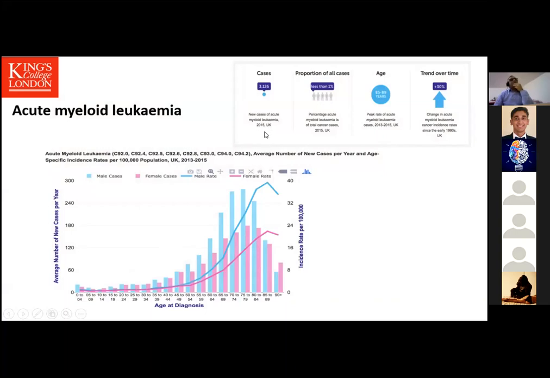In the UK, there are about 3,000 cases in a year in the country, so it's about 1% per 100,000. The median age of acute leukemia is about 60, and the incidence has been gradually rising.